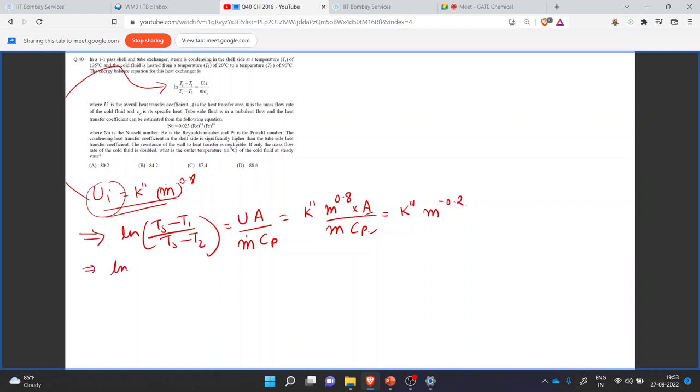That is, ln of (Ts minus T1) upon (Ts minus T2) is equal to a triple dash times m raised to minus 0.2.